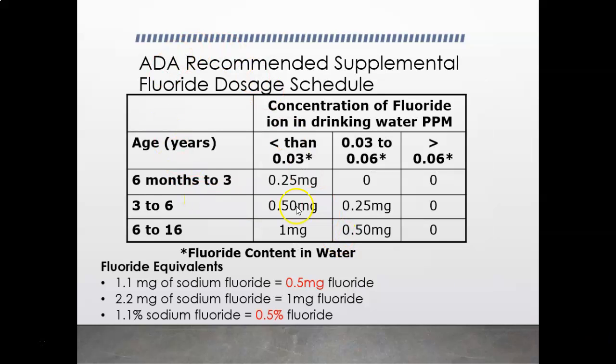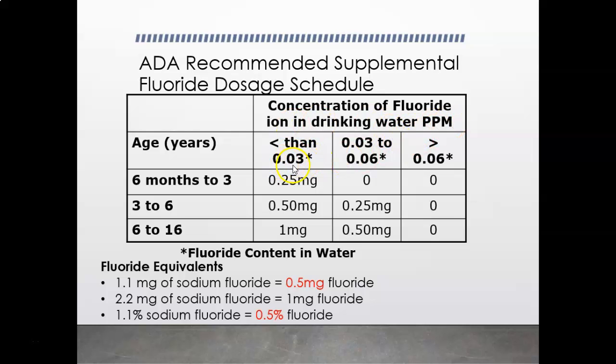So here's the ADA's recommendation for supplemental fluoride and the dosage. If they're between 6 months to 3 years, so under 6 months they don't recommend supplemental fluoride, but 6 months to 3 years depends on the concentration of fluoride ion in the drinking water.